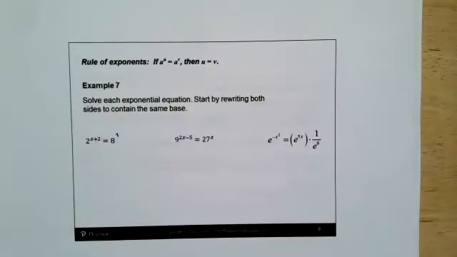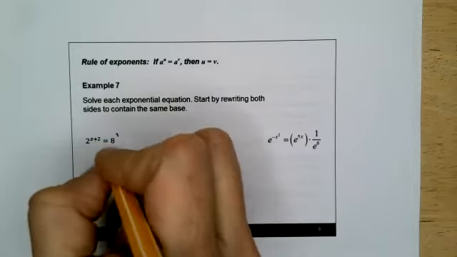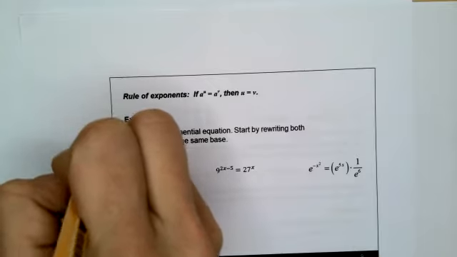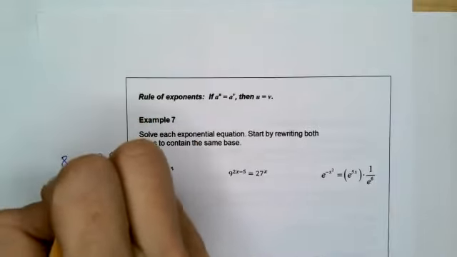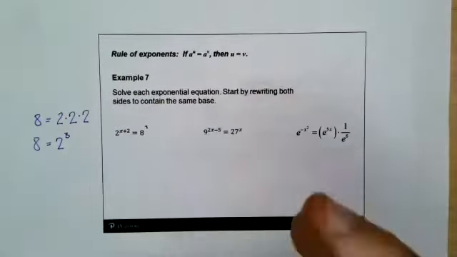Is there a way to make 2 and 8 into the same base? 2 times 2 times 2 is 8, right? So 8 is actually, as we talked about on page 1, 2 to the power of 3, right?